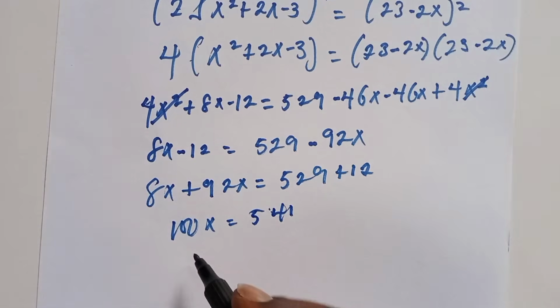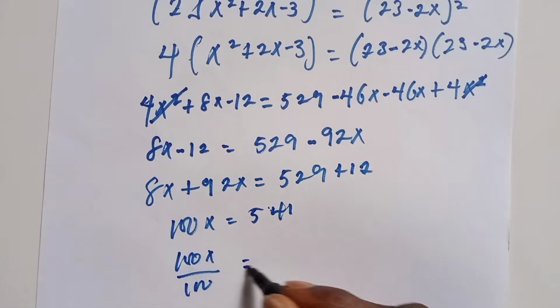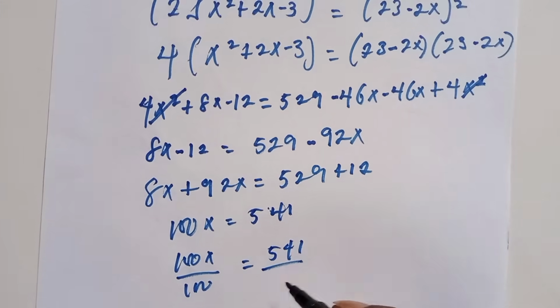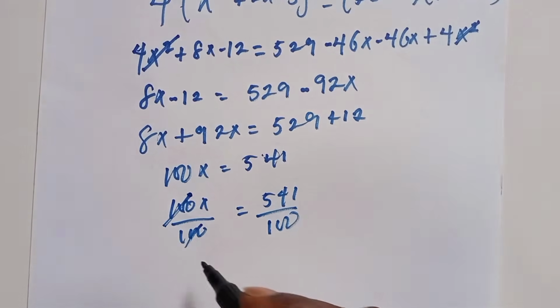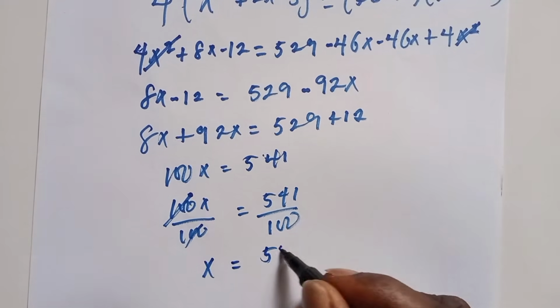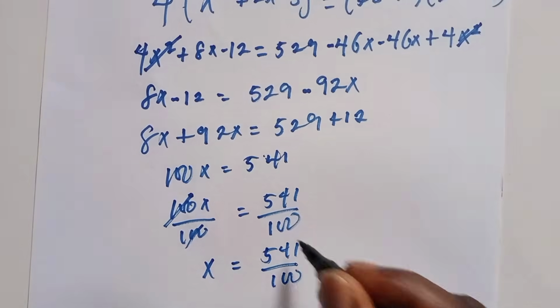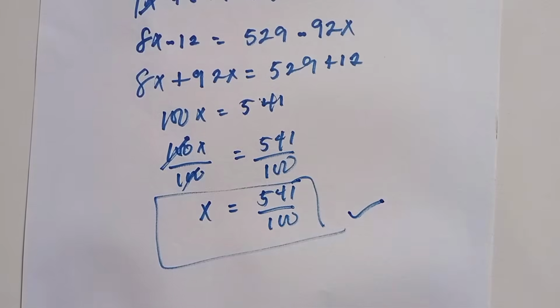So dividing both sides by 100, 100x divided by 100 is equal to 541 divided by 100. So x becomes 541 divided by 100. So this is our value for x.